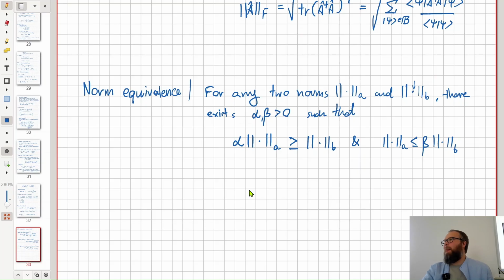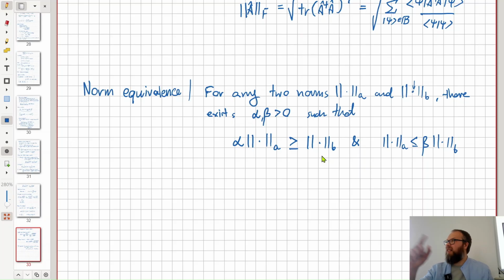So these alphas and betas, for every pair of norms A and B, can they be picked to be unique? Yes, so that it works for any vector, or operator in this case. I don't believe it's unique. Probably 2 times alpha would also be okay. I just meant that there is a choice of alpha and beta that is good for anything we put into these norms.